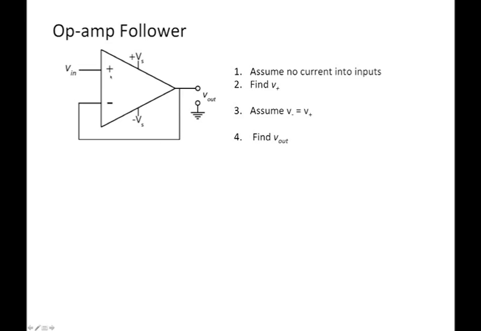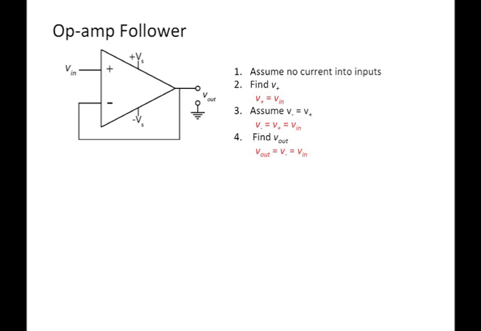We assume no currents going into the inputs, V plus or V minus. So we put V in on the non-inverting input. There's no current, so there's just going to be a voltage. So V plus is just going to be V in. We're making the assumption that the feedback is going to make V minus equal to V plus. So V minus is equal to V plus, which is equal to the input voltage.